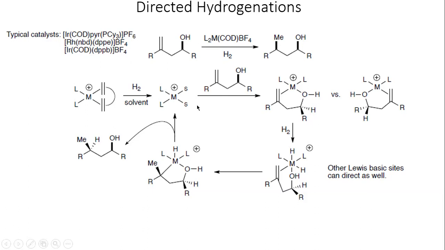And so here again, here's where we can see that solvent come into play. If it's a coordinating solvent like THF or something like that, right? You can actually displace the cyclooctadiene ligand, the COD ligand, and get this metal solvent complex, right? That's fairly prevalent with transition metal catalysts that use that COD ligand. It can be displaced by solvent.